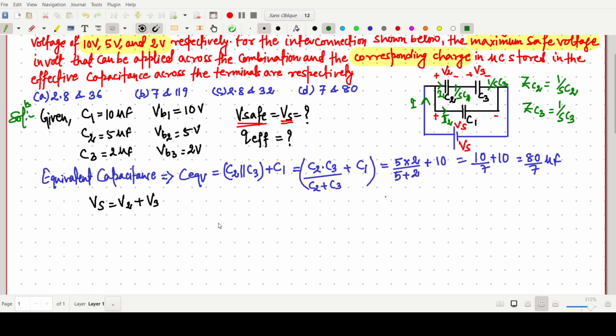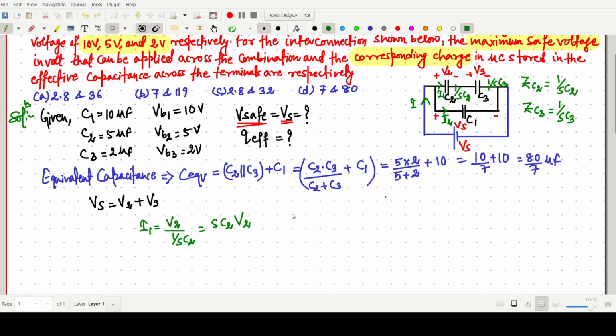So the I1 value will be V2 divided by 1 by SC2, that is SC2 V2.